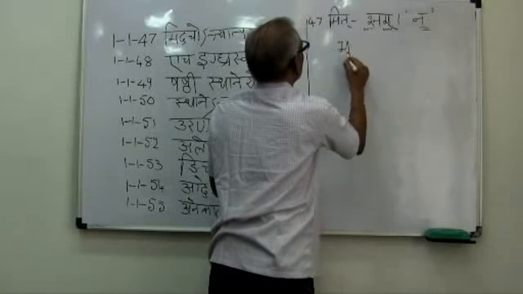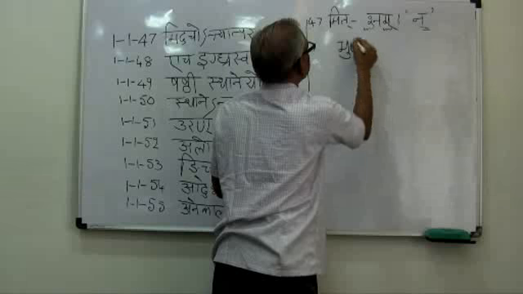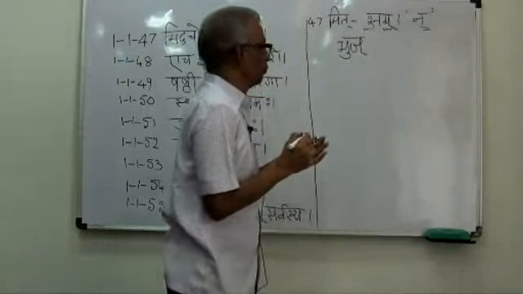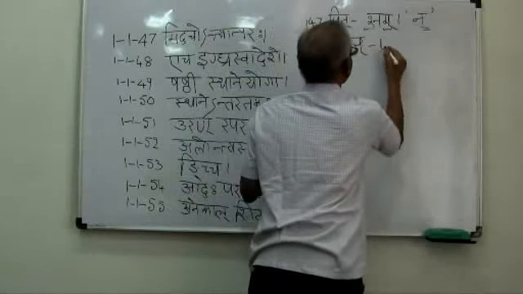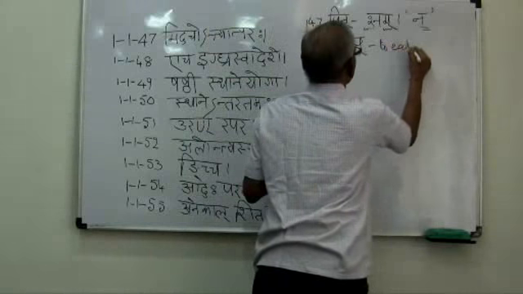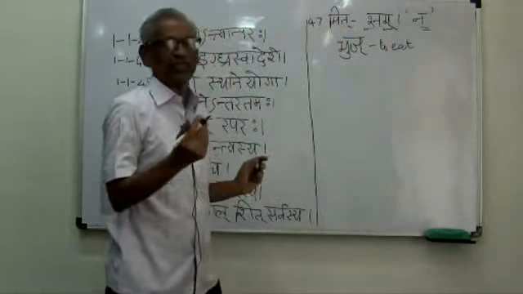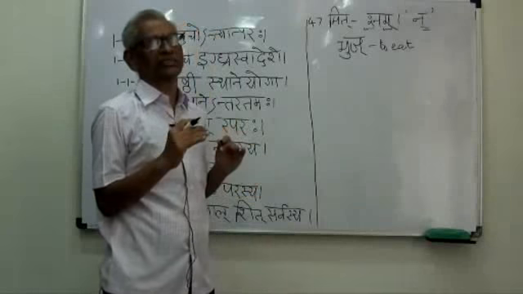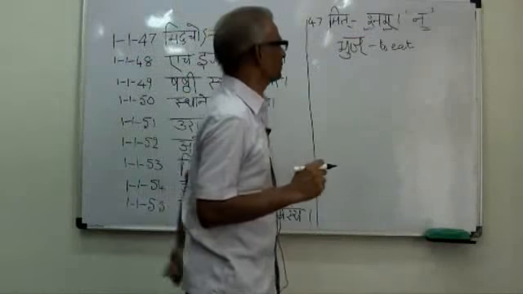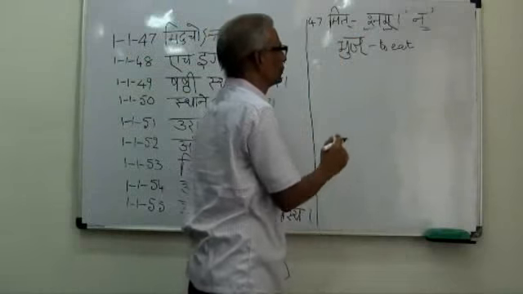there is a dhatu Bhuj. Bhuj means to eat. Bhojanam means meals, taking meals. Bhuj, to eat, is a dhatu.